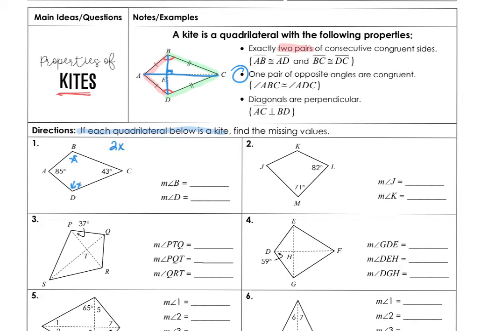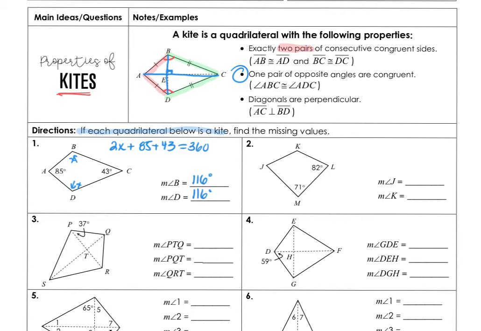And so 2x plus 85 plus 43 has to equal 360 degrees, since the four angles of a quadrilateral add up to 360. If you solve for x, you will get that the measure of angle B and angle D, since they are congruent, are both 116 degrees.